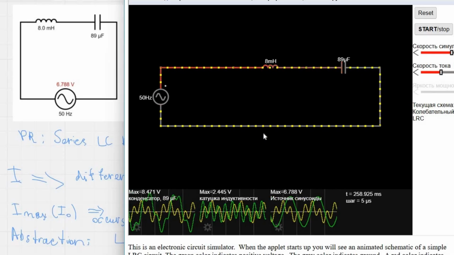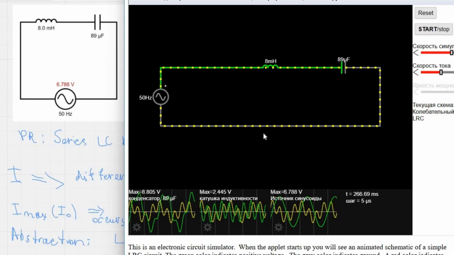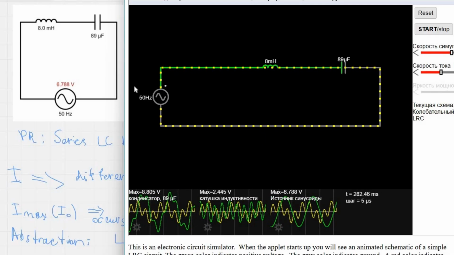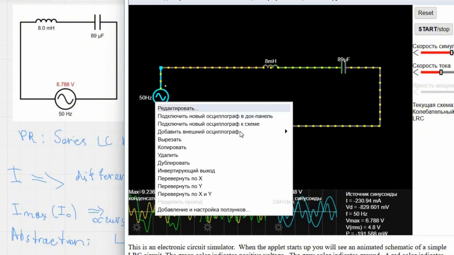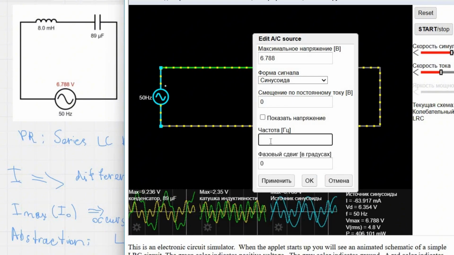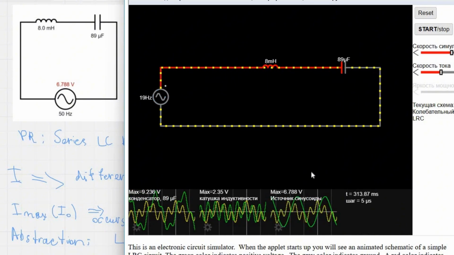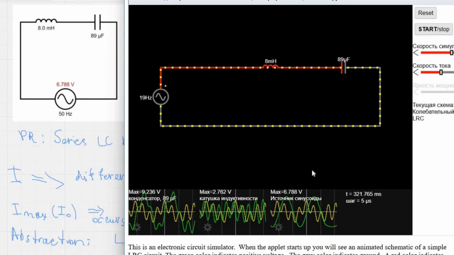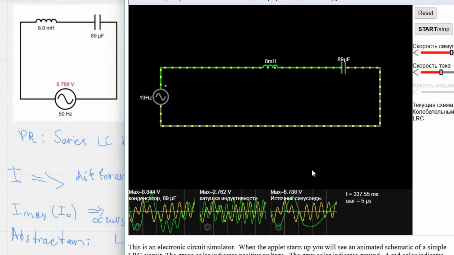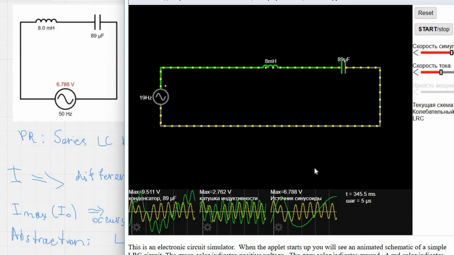And now, if we change the frequency of the source, the behavior of the circuit changes. Let me show it. Now we have like 80 hertz, maybe we'll put 90. So at a certain frequency, the current becomes maximum, and this is resonance.